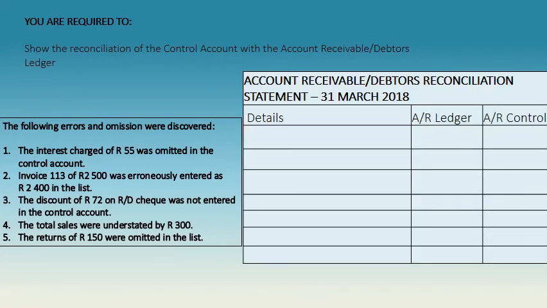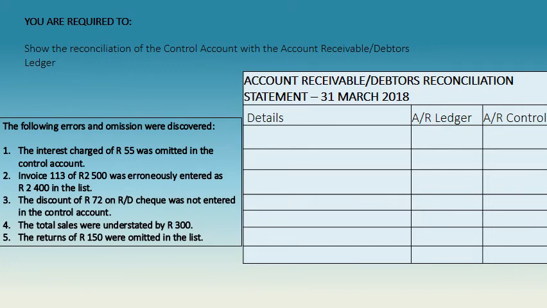For the accounts receivable or the debtors reconciliation statement at the end of March, the following columns will be shown: the details, the column for the subsidiary ledger entries, and the column for the accounts receivable control entries. The entries that increase the ledgers will be positive, and the entries that reduce the ledgers will be negative.